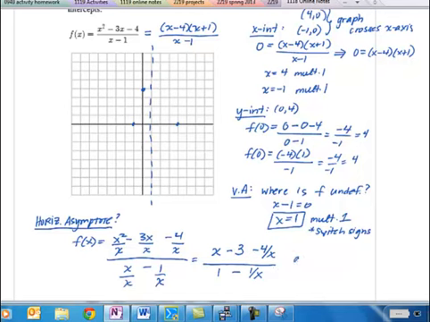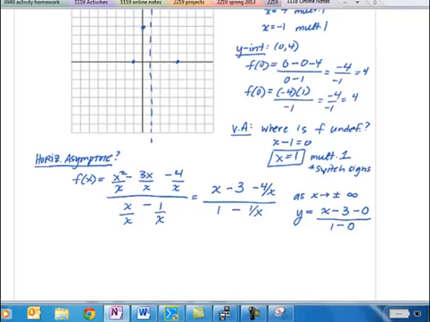And as x gets large, y is going to be getting closer to, let's leave it as, x minus 3 minus 0 over 1 minus 0. So this time we don't get a horizontal line at all.